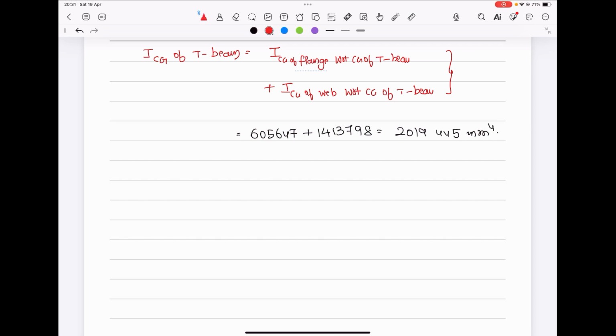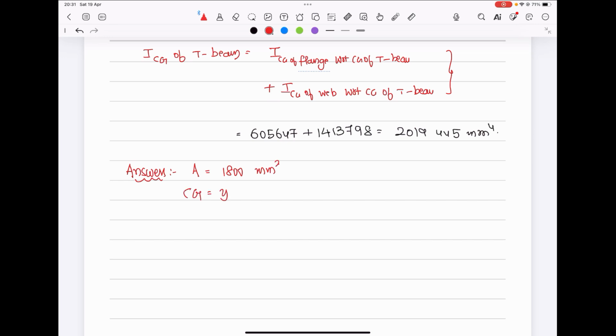Therefore, the final values are important answers. Area is equal to 1800 square mm.